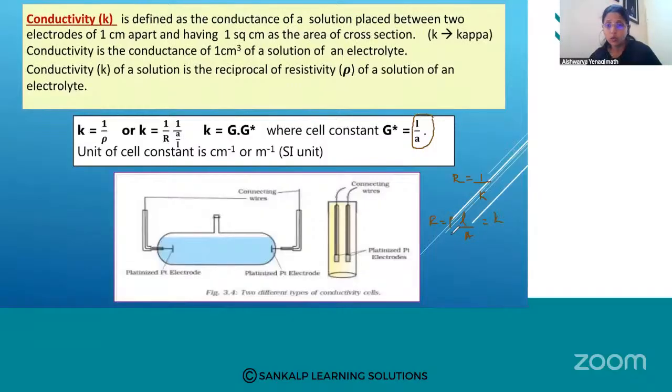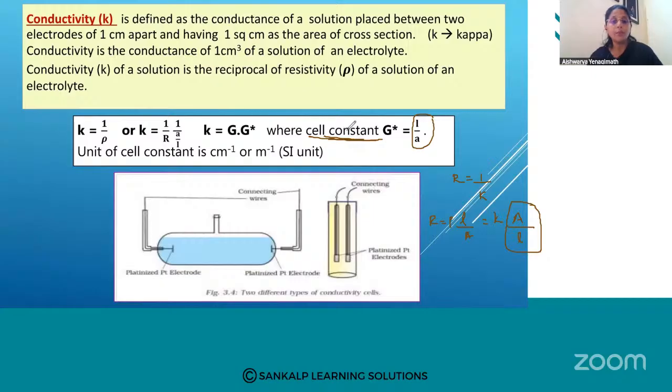So 1 by rho is kappa into A by L. Kappa is called conductivity. A by L is called the cell constant.